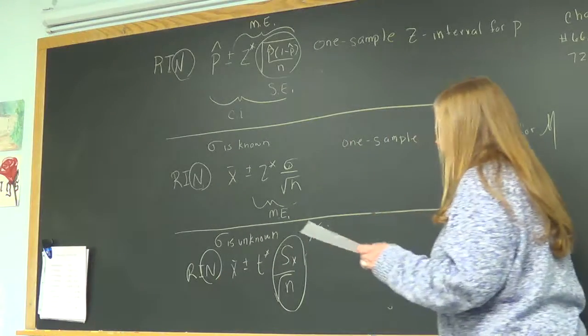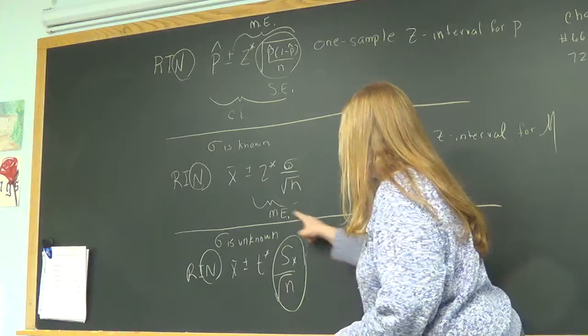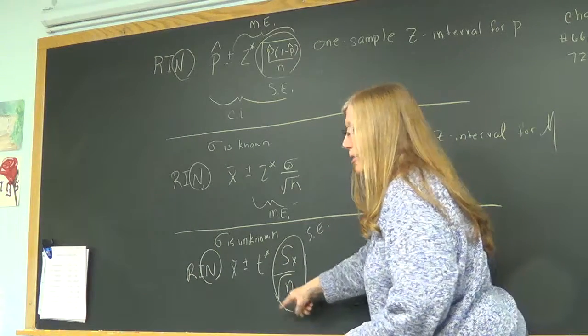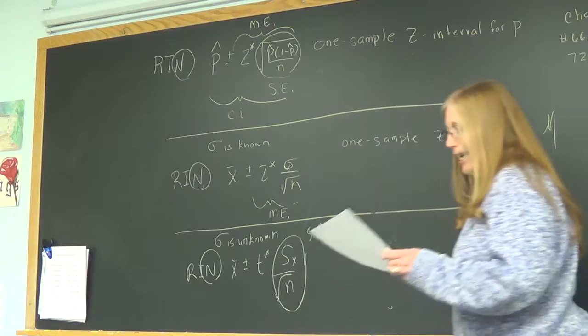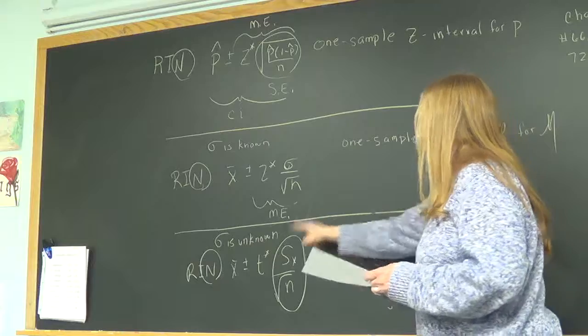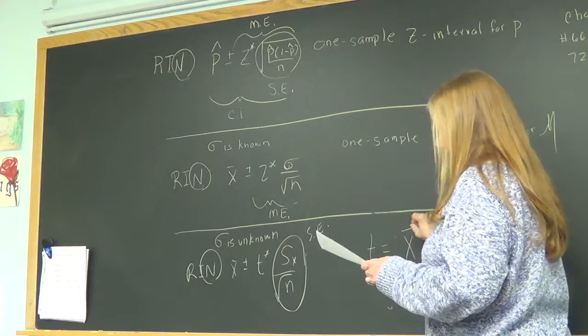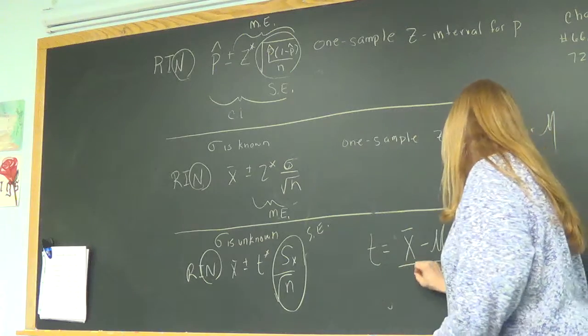But what isn't normal is when we look at the distribution of this, Sx over square root of n. That is the part that's not normal. When we take this information and we standardize it, you know how you subtract the mean and divide by the standard deviation?